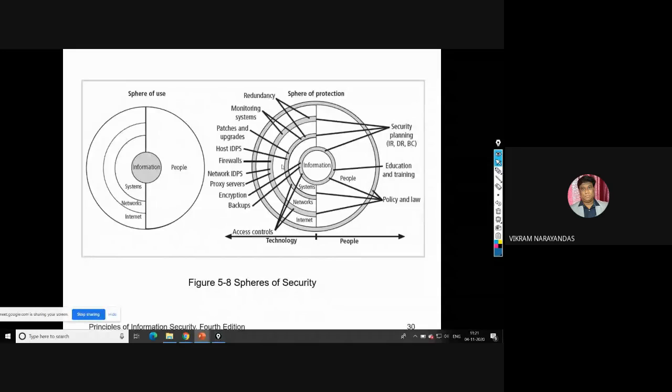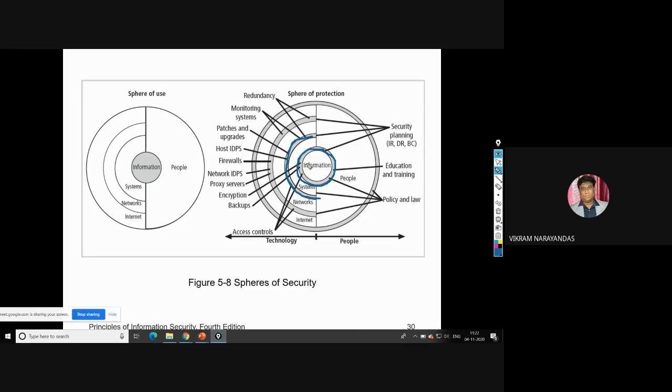So we are seeing the spheres of security protection for your information, for your people, for the systems, as well as the networks, as well as the internet here. So we can see different layers of protection in a sphere of protection.